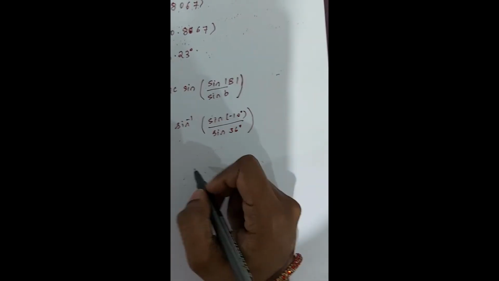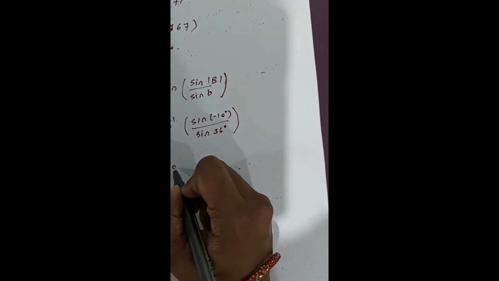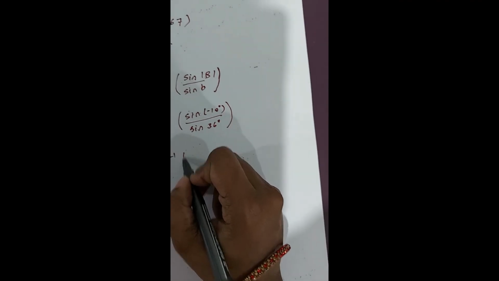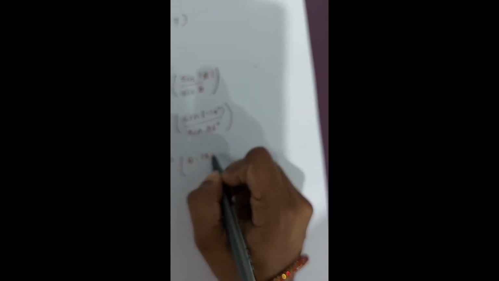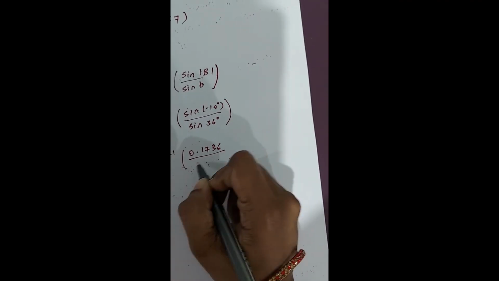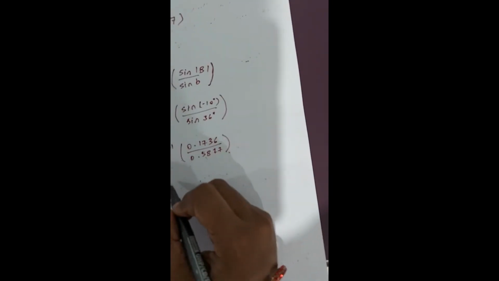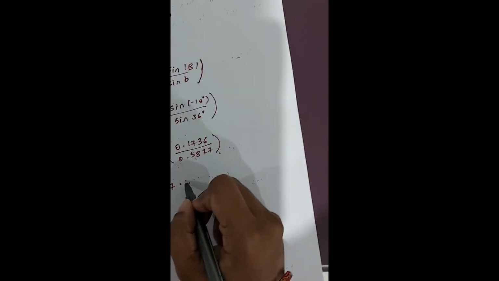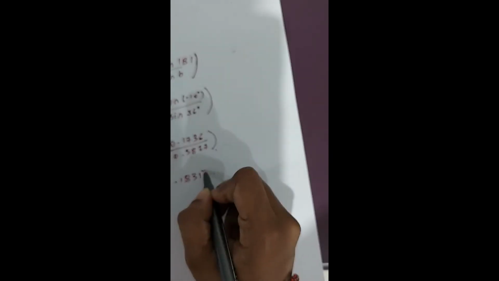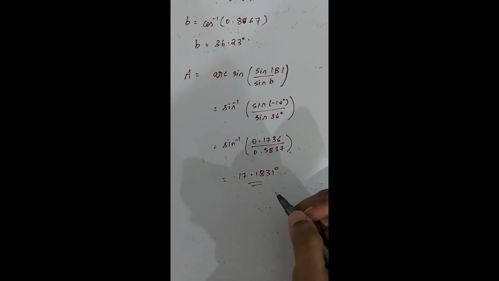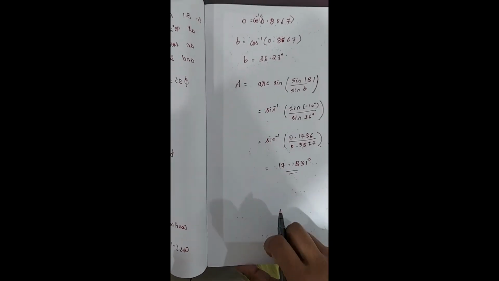Okay, so this is sine inverse of 0.1736 by 0.5877. This is nothing but 17.1831 degree. If you solve, you are going to get this.